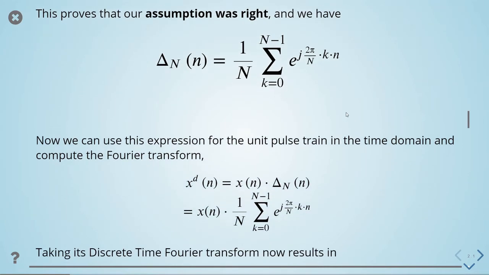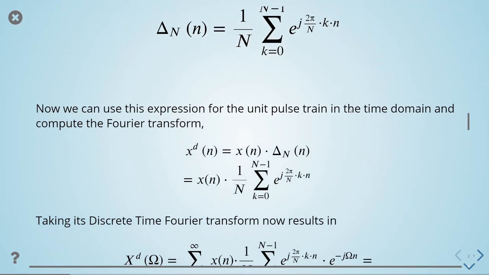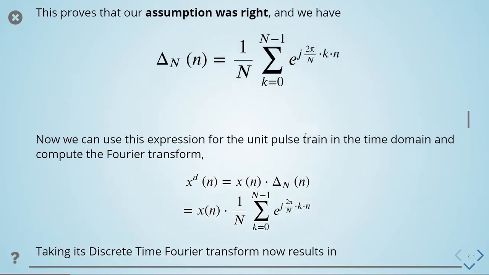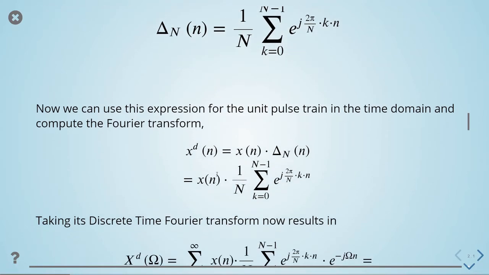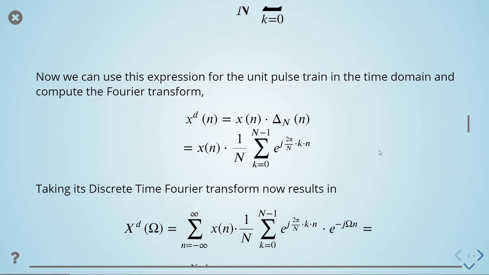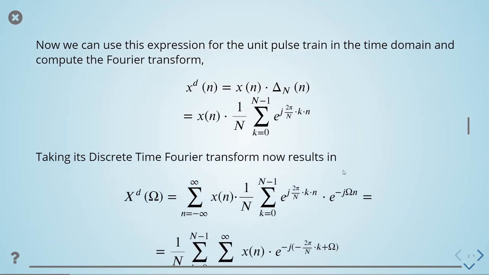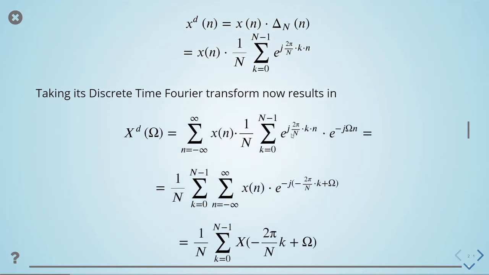Now we can use this expression for the unit pulse train in the time domain, and we can compute the Fourier transform. We had our signal, and we're multiplying it with the unit pulse train, which is given by this formula. So we have a downsampled version of an already sampled signal. Then if we take the discrete time Fourier transform, it results in this equation.